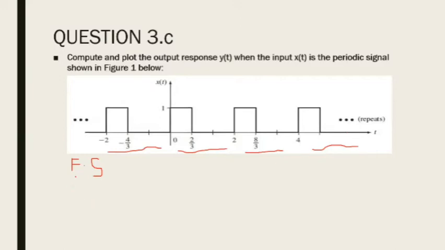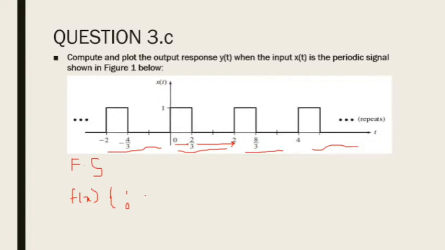First of all, we have to identify f(x), where it is 1 or 0 at certain values. Here it is 1 from here to here, and from here to here it will be 0.